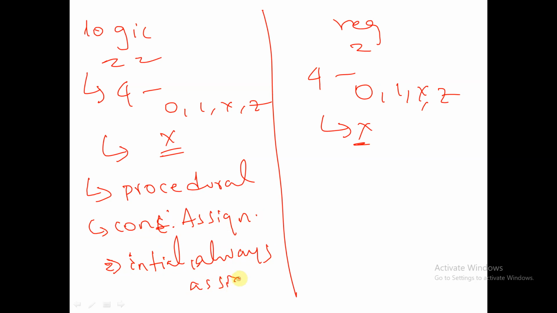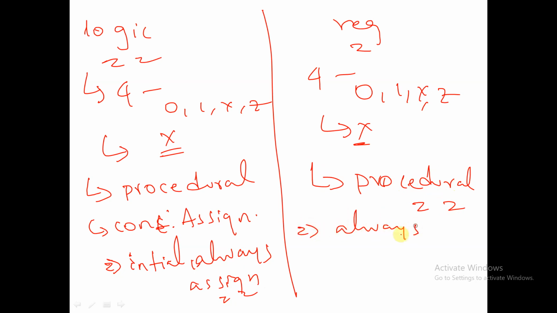Whereas the reg data type can only be used with procedural statements. It cannot be used with continuous assignment statements. It can be used with always or in initial blocks, but it cannot be used with the assign keyword. So this is the difference between the logic data type and the reg data type.